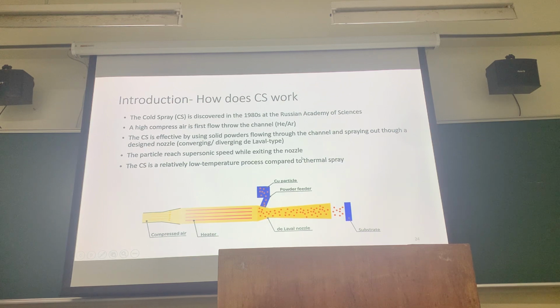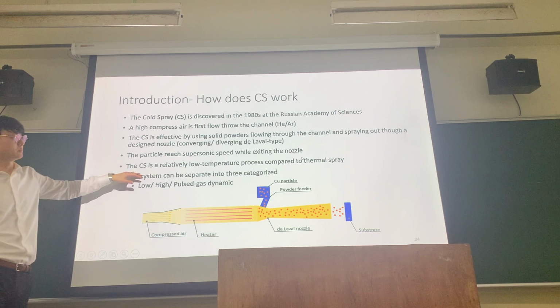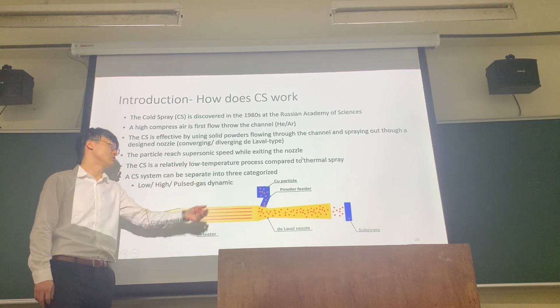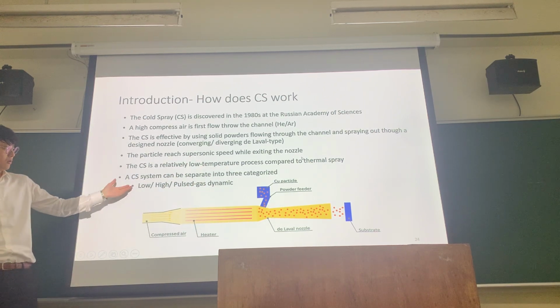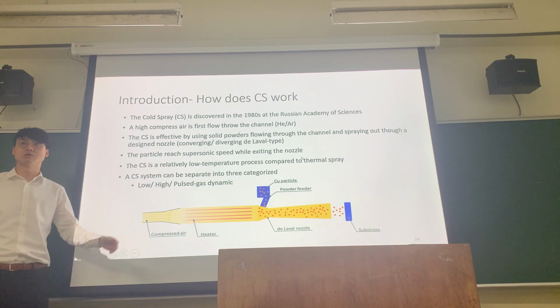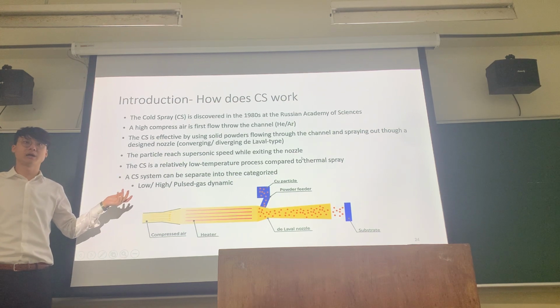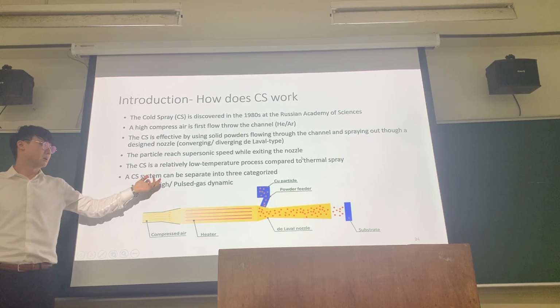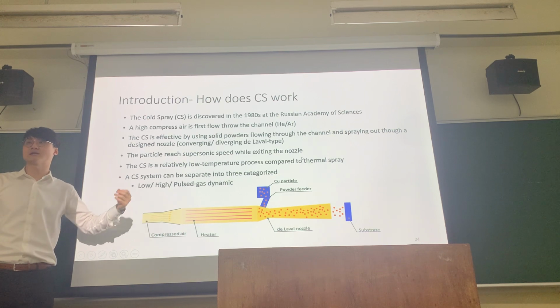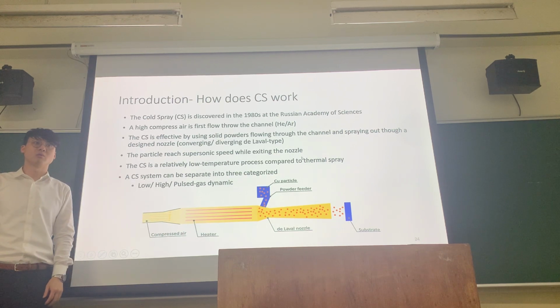So cold spray is relatively low temperature compared to thermal spray. The cold spray system is basically separated into 3 categories: low pressure, high pressure, and pulse gas dynamic. Pulse gas dynamic is what I just mentioned, similar to detonation spray, right?